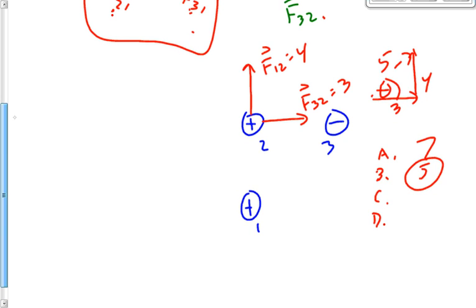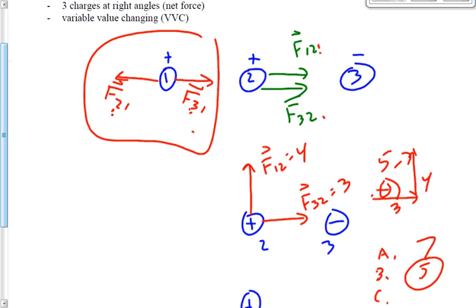And then finally, variable value changing. This is a pretty common place to see the variable value changing. That's not crazy hard. But the one thing I'll caution you on, if you do something to the distance down here, r, like let's say we double the distance, well, you're not just squaring the r, you're squaring the 2r.